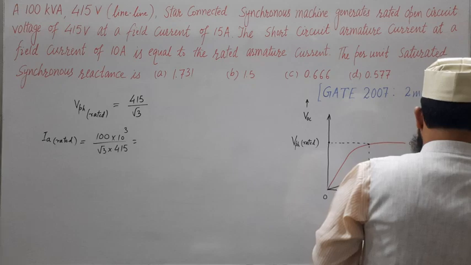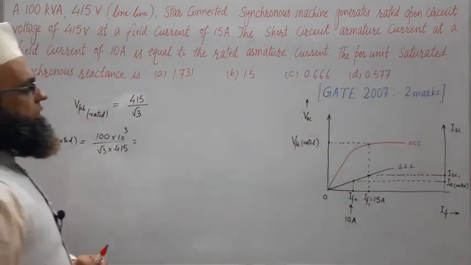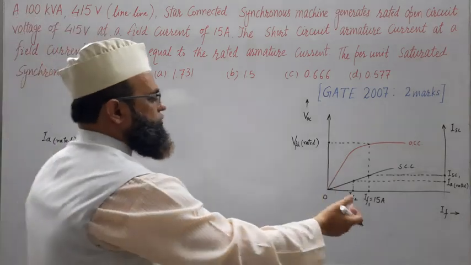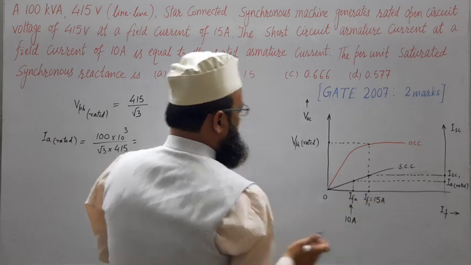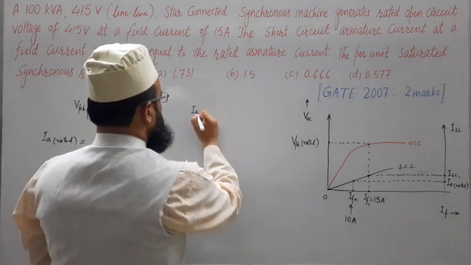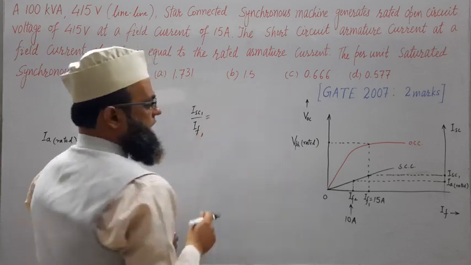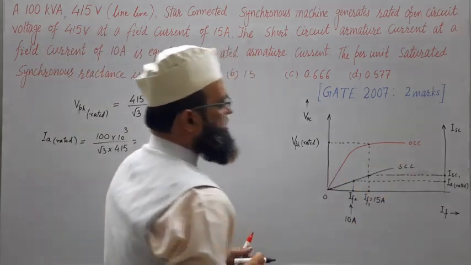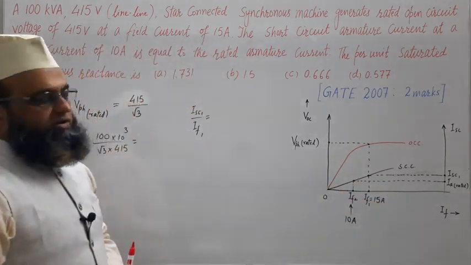Let us mark it ISC1. So take the two ratios. Let us take tan theta. That will give you ISC1 upon IF1. ISC1 is not known. We are going to evaluate it with the help of the other three known currents, right?